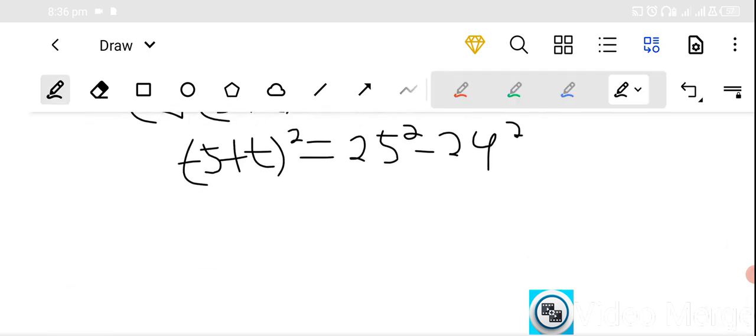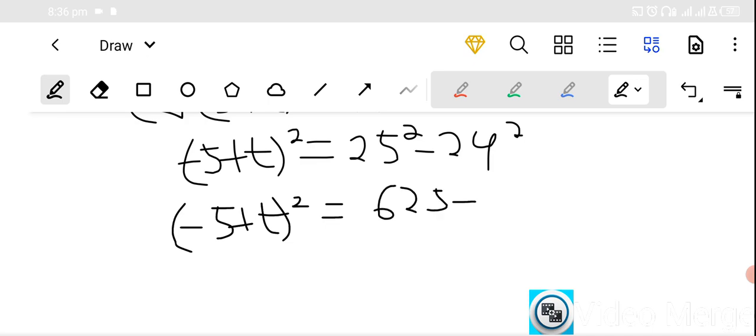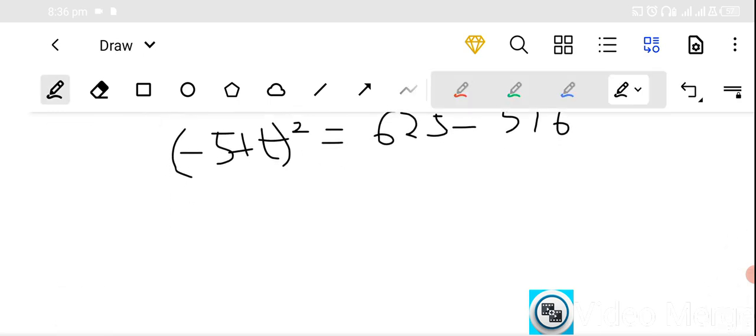So negative 5 plus 8t squared is equal to 25 squared is 625. Then 24 squared is 576. Negative 5 plus 8t squared is equal to 625 minus 576, which is going to give you 49.